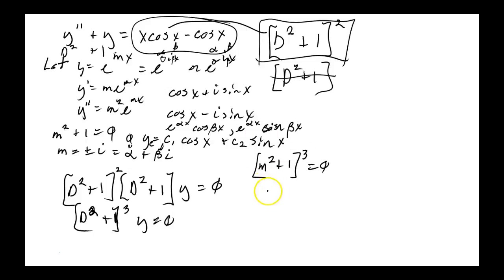Again, this gives you back where we were before. m is equal to plus or minus i, but now those are both roots of this with multiplicity 3, because it's plus or minus i cubed, so both of those have multiplicity of 3.